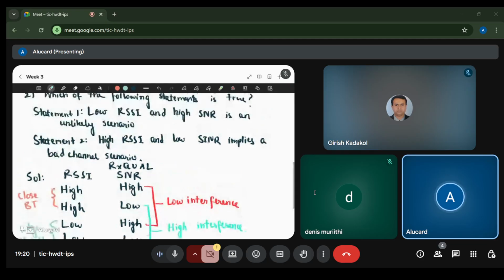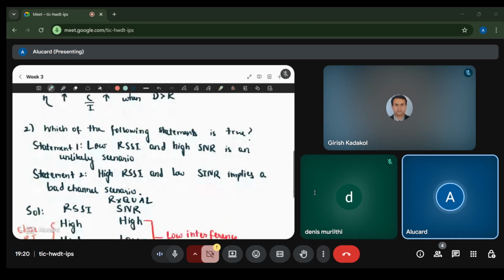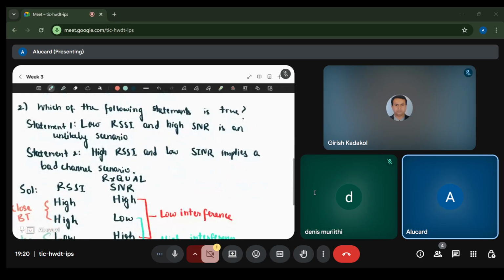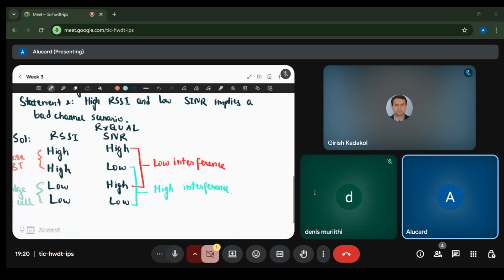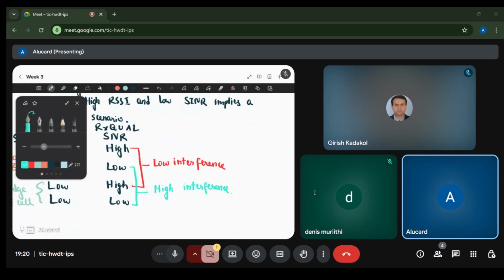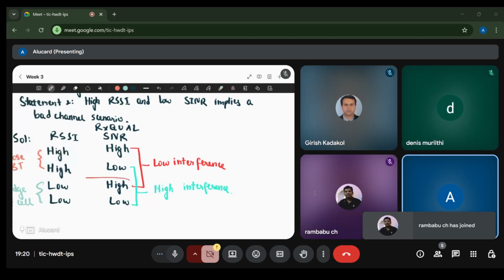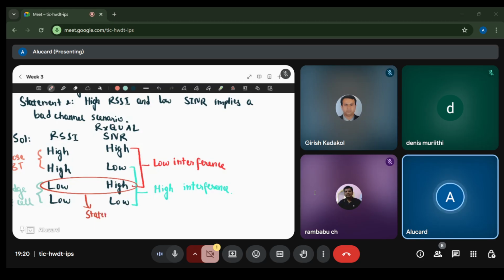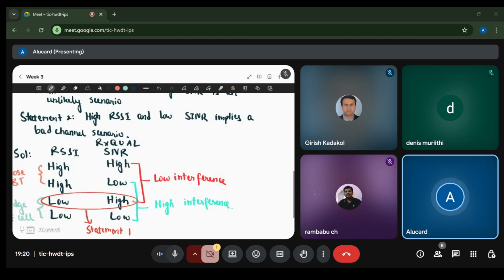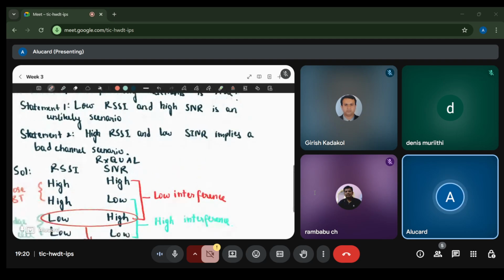Looking at this, you can decide. Statement 1 says low RSSI and high SNR. This is the condition given in statement 1. Statement 2 says high RSSI and low SNR.